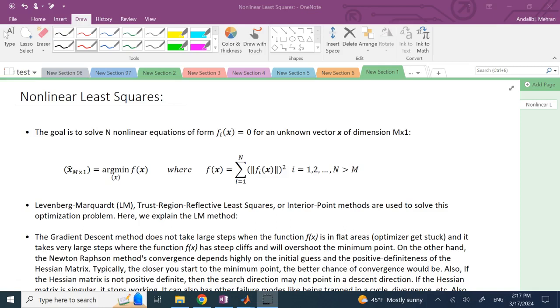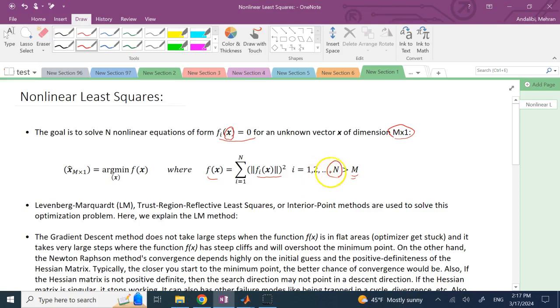So here you have a function f of x, which has these sub-functions f_i, and these are the equations that have to be satisfied. All of them should be equal to 0 one by one, given the unknown parameter x. The dimension of this x is m by 1, so you have m unknowns, but the number of equations that you have to satisfy is n, and n is quite a bit bigger than m, most of the time, but at least one bigger than m.